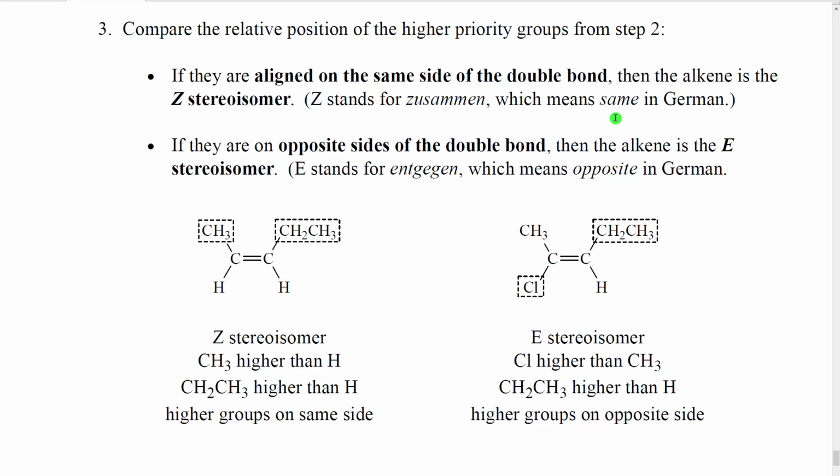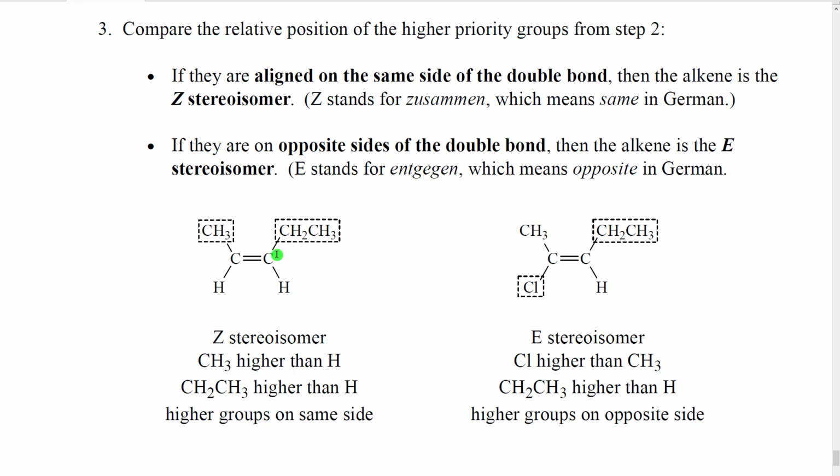In other words, I pronounce the word same with one of these Hollywood German accents. It's not necessarily super respectful, but I don't mean any disrespect. It's just a trick I have to help me remember. So Z stands for same. E then would be the other one, which would be opposite.